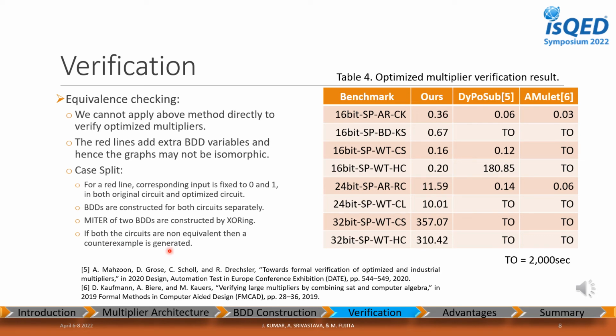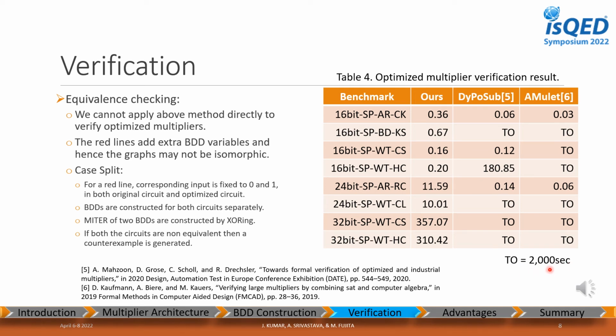With this method, we verified optimized circuits up to 32 bits. The results are shown in table 4. We compared our results with the algebraic backward rewriting method. You can see the verification results of the algebraic backward rewriting method where most of the time these methods were not able to complete the verification within the given time limit, which is 2000 seconds.